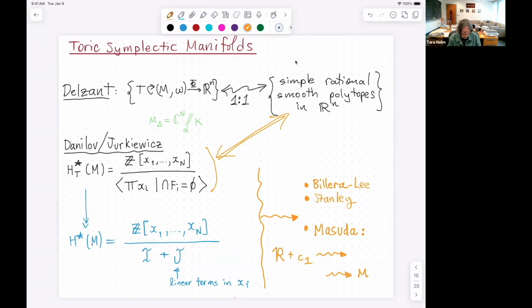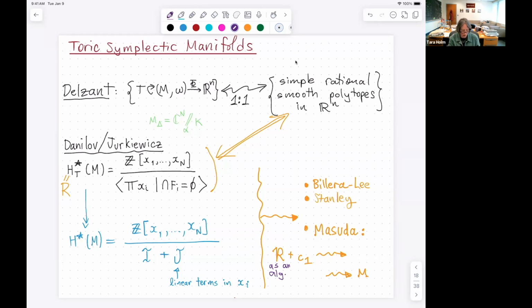And what Masuda proved is that from this ring R, from this Danilov-Jurkiewicz description, you can almost reconstruct M. What I mean here is you have to know the ring as an algebra. I was mumbling about the algebra structure, and understanding that structure is really essential in this proof.